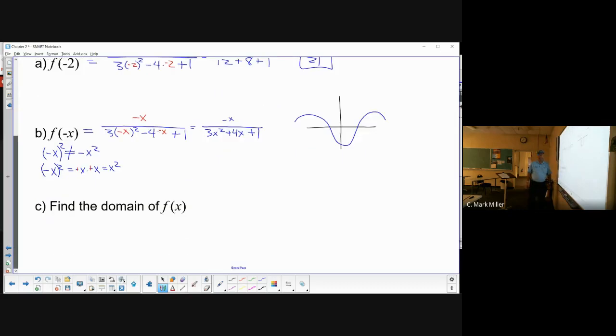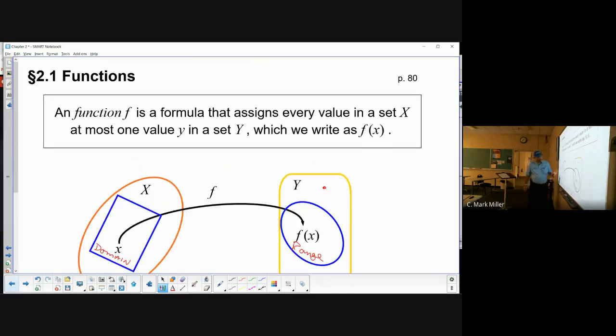Down here, find the domain. What's the domain? The domain is all the numbers you're allowed to plug in the function. So suppose you have a cell phone plan that gives you 500 minutes a month.